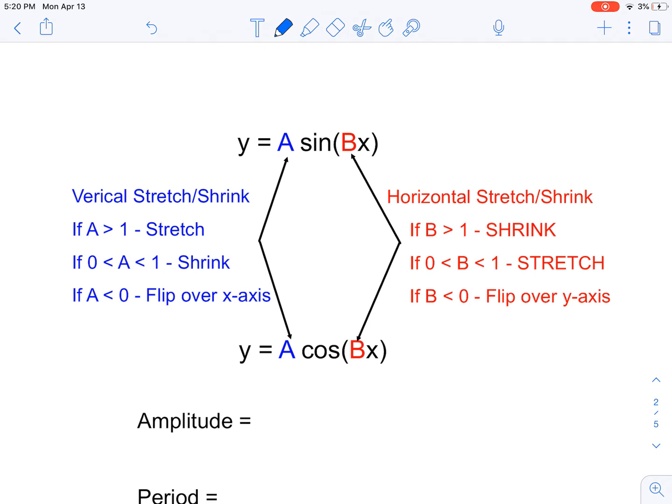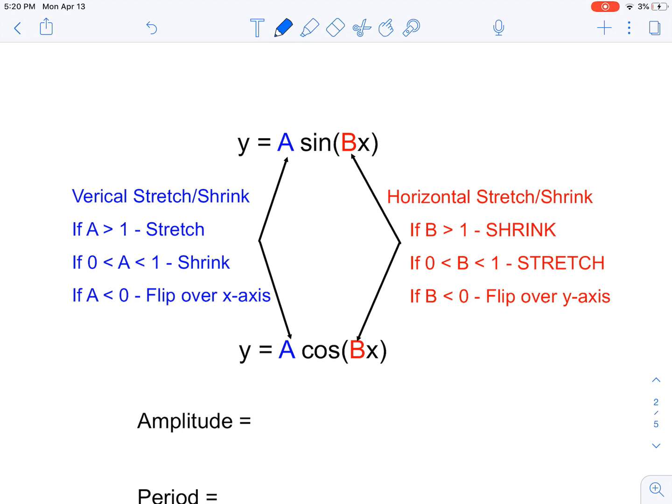So remember when we talked about that before, when we did our chapter on graphing, when it's outside of the function, those are our vertical stretch and shrinks. So A is going to change the amplitude. Our amplitude is always going to change as that A value changes.